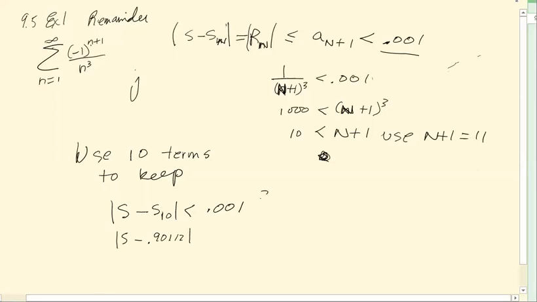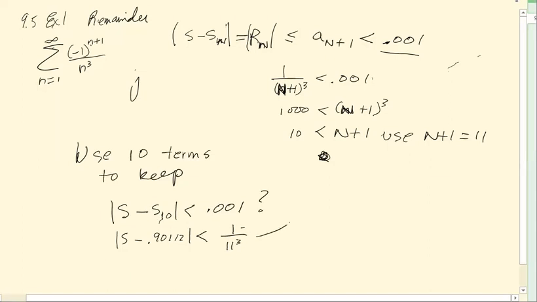So here's our question. Do we have this? Well, we're saying that we're using this 1 over 11 to the third, because we're using our n+1 to be a third power.